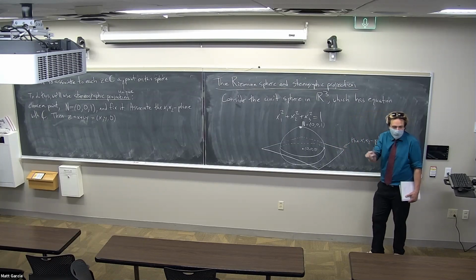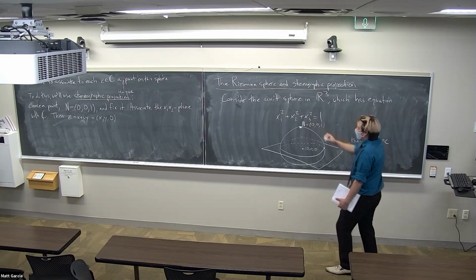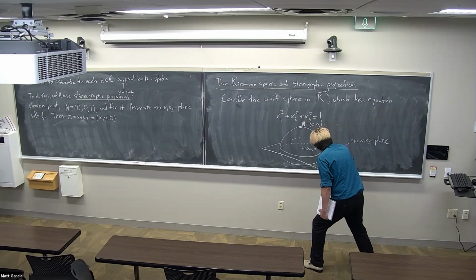What you want to do is, okay, so let's say I have this point little z here, x, y, 0.